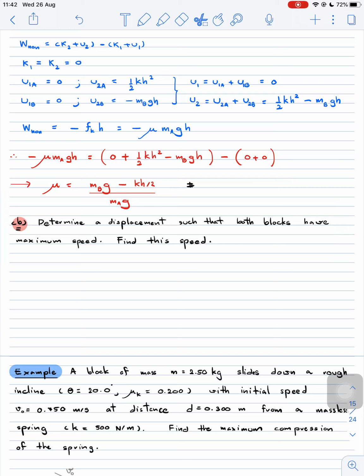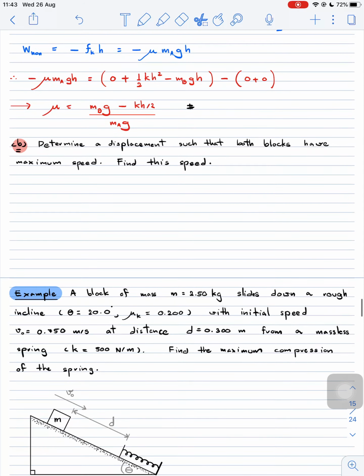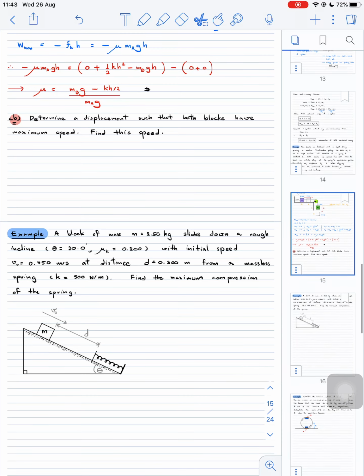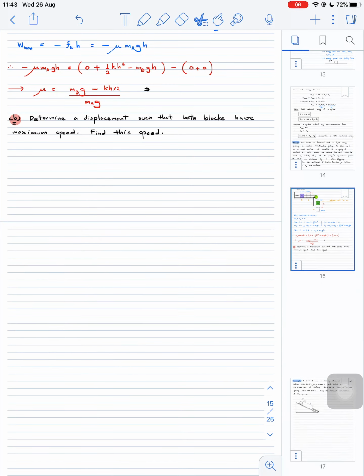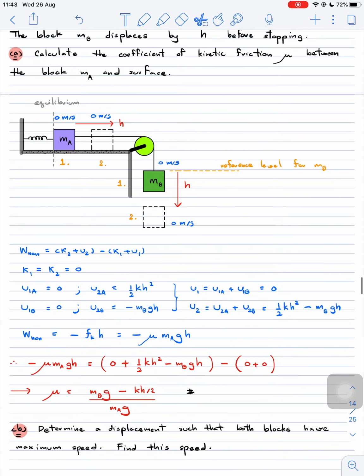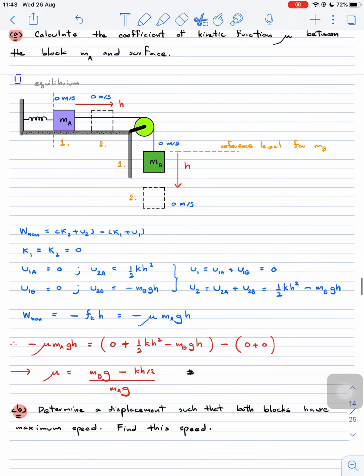Okay, so now for part B, we just want to determine a displacement such that both blocks will have the maximum speed, and we also want to find the speed. Let me use the previous figures again.